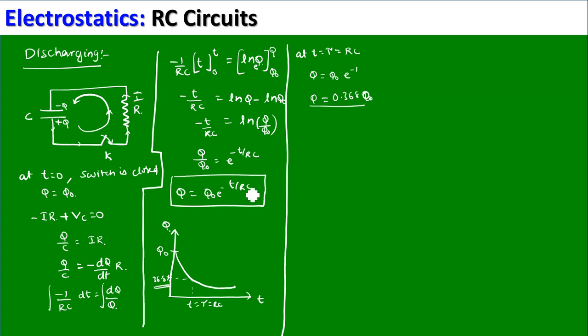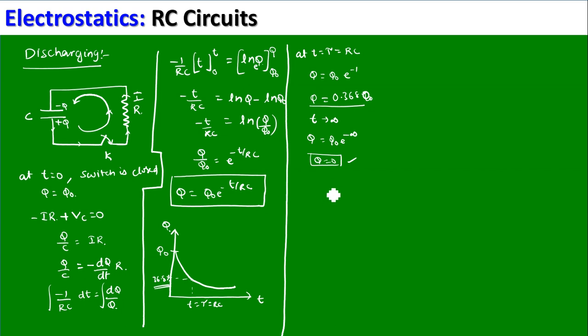If you take t tending to infinity, then q is equal to q naught into e power minus infinity. E power minus infinity is 0, so the charge will be 0 at infinite time. So the discharging process happens very fast initially, and then very slowly, taking infinite time to reach zero charge, complete discharging.